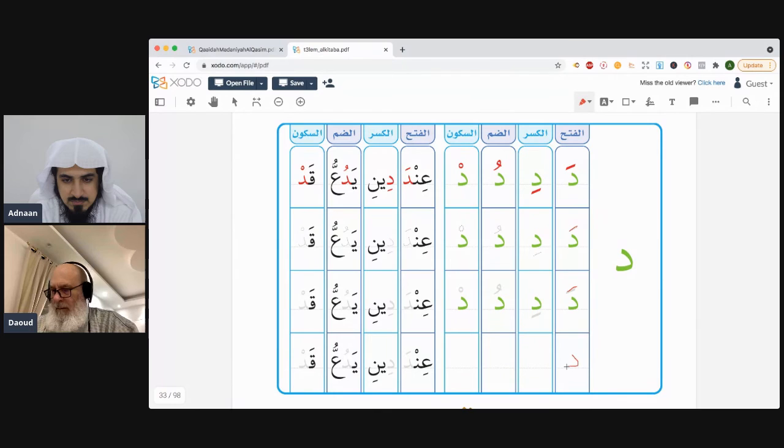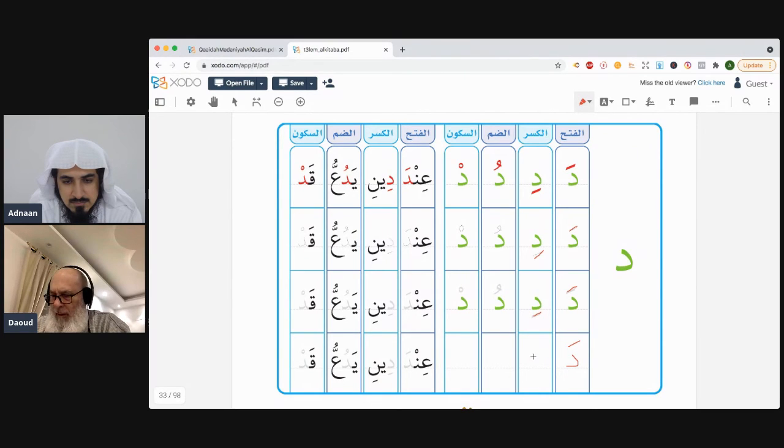Second, in the next one down, I'm writing the fatha, and on top, da. Third one down, da. Now I'm writing the dal and putting the fatha, da. Ahsant. Second one has a kasra, so it's di.